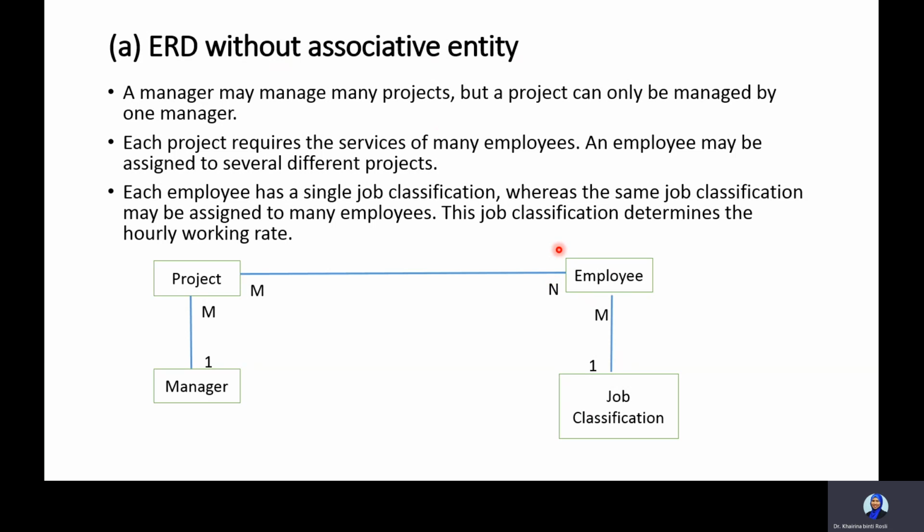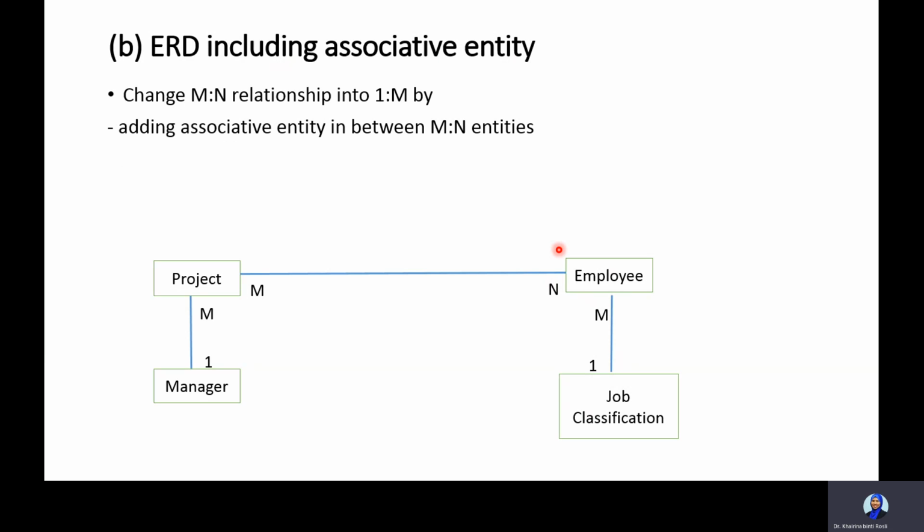So how do we create the associative entity? Change the many to many relationship into one to many by adding an associative entity in between the many to many entities. The many to many entities here refer to the project entity and the employee entity, because there the relationship is many to many.